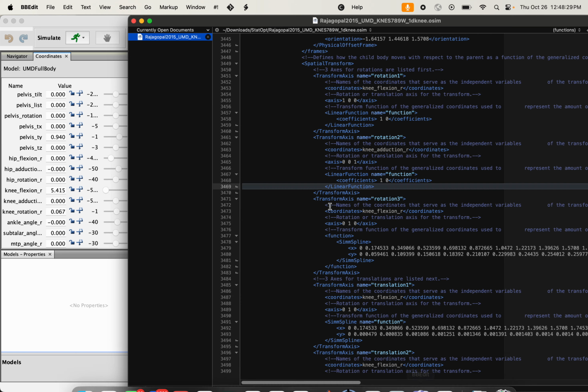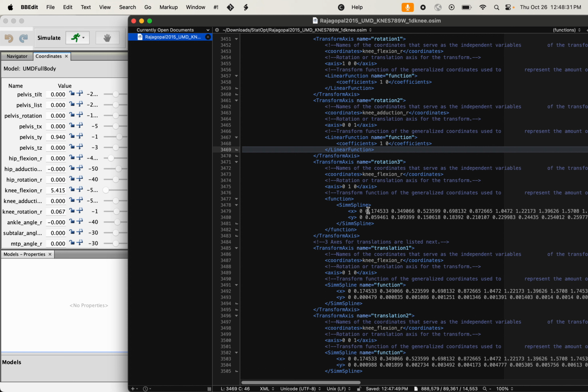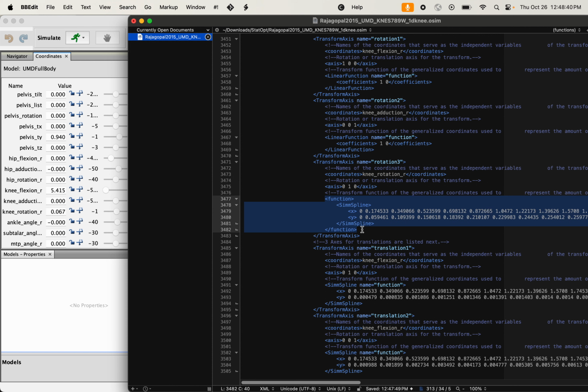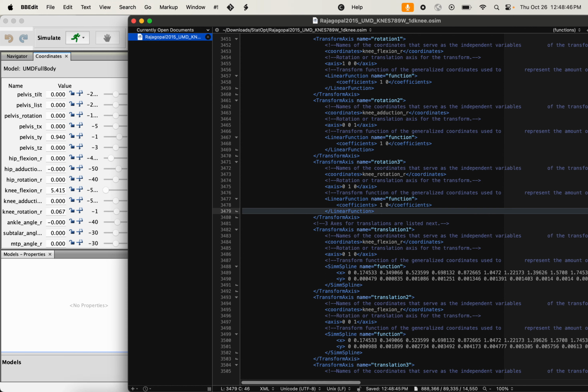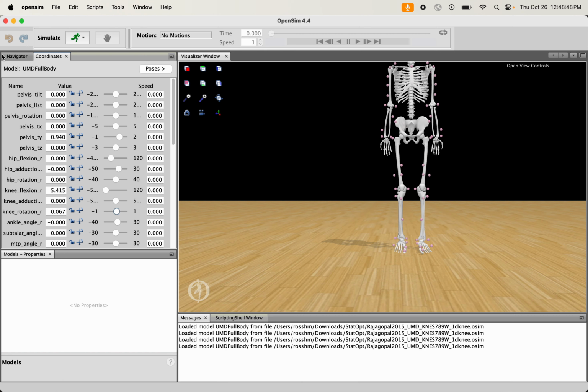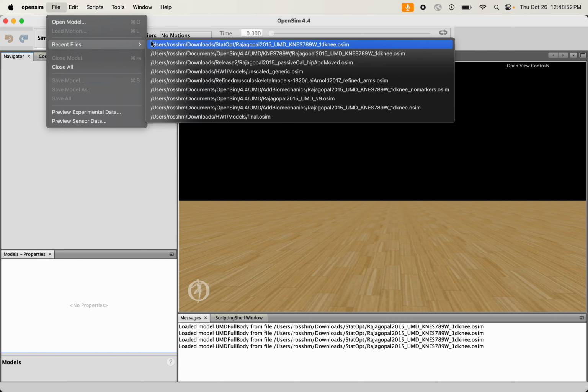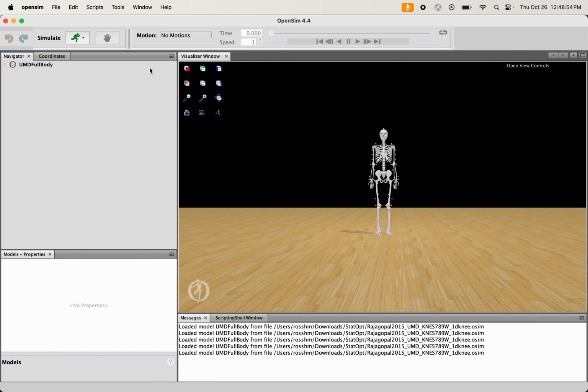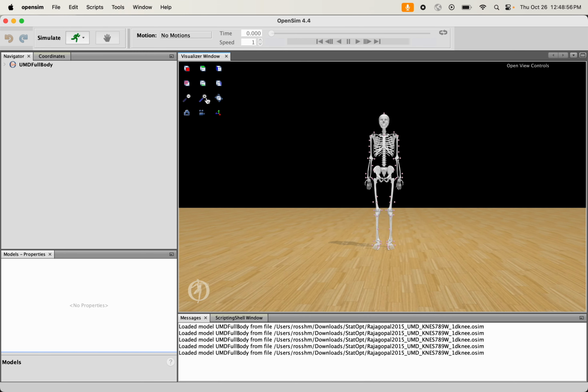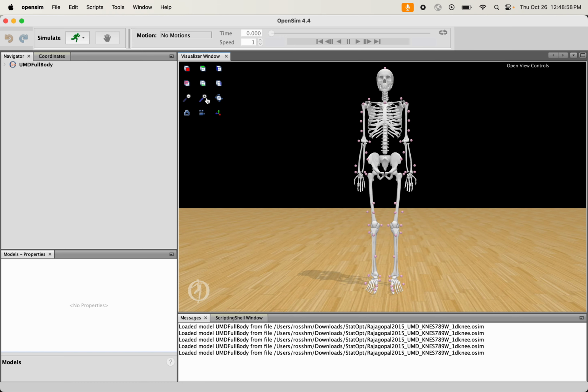So let's go back to my model. And under knee rotation, I'm going to change that. Rather than being a prescribed function of knee flexion, I'm going to make it its own independent coordinate. And rather than having a spline function that defines it, I'm going to make it that linear function. And then load that back in, and zoom in one last time here.